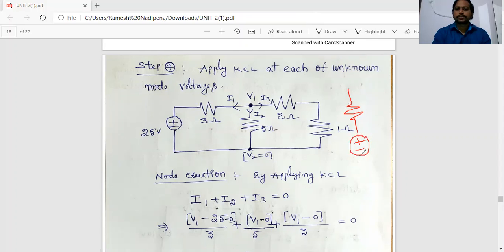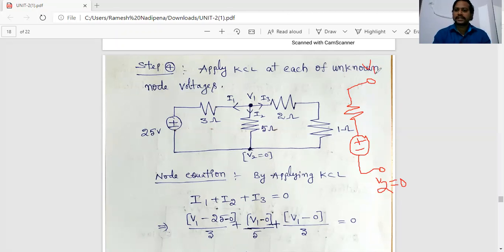Here V2, of course, should be 0, or Vt equal to 0. Now, here at this node the voltage is V1.